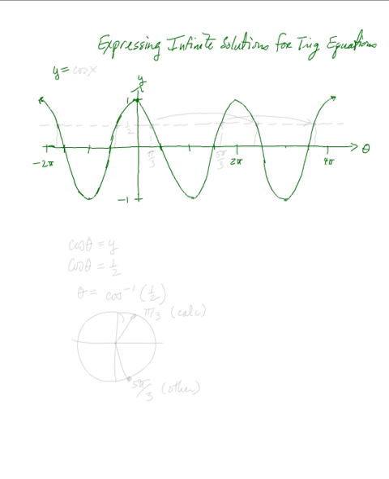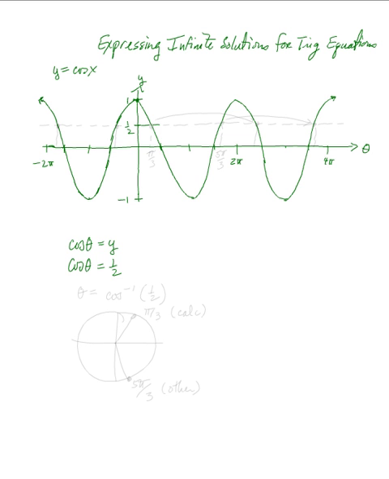So let's take a look at an example. This is the equation y equals cosine of x, and suppose we say let cosine of theta be y, specifically when y is a half, how do you solve that? Well, I've got a graph up here, and suppose right around here is a half.